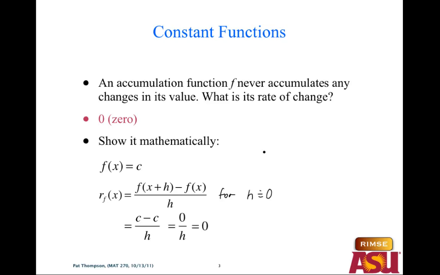Easy proof, right? Easy proof of this fact that should make sense, that if it's not changing, the rate at which it's changing is 0. Okay, so all constant functions have a rate of change of 0. Add it to the list. Here we go. Next one.